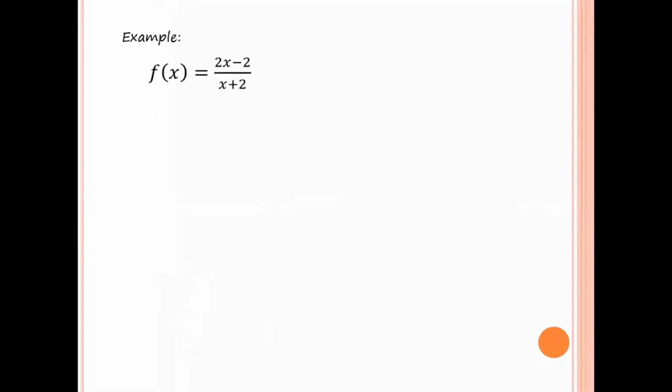First, find the vertical asymptote. To find the vertical asymptote, equate denominator to 0. So, x plus 2 equals 0, x equals negative 2.